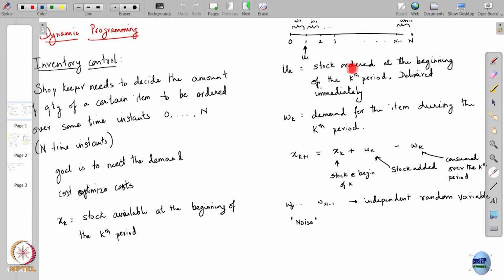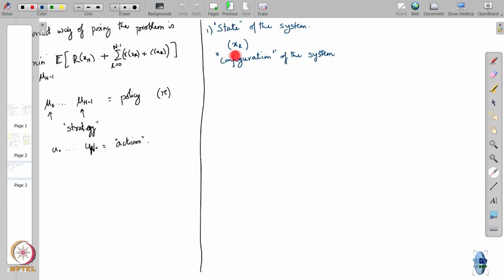In order to decide the stock to order, it is enough to simply know the level of the stock at the latest time period, and the entire history is not relevant for that. So, we have picked a parsimonious definition of the state. We have taken the state as simply the level of stock at the current time period.